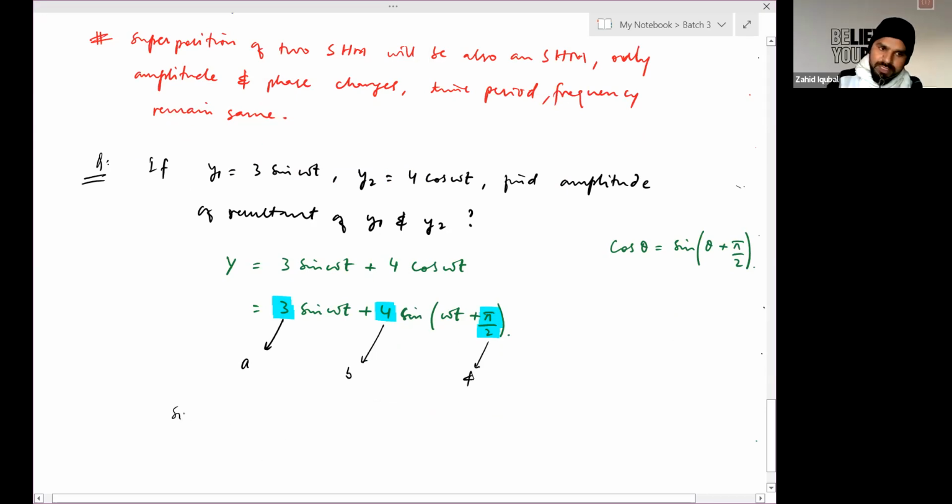According to the formula, amplitude equals root under A squared plus B squared plus 2AB cos phi. Just put all the values and simplify it. You'll get your amplitude for this resultant.